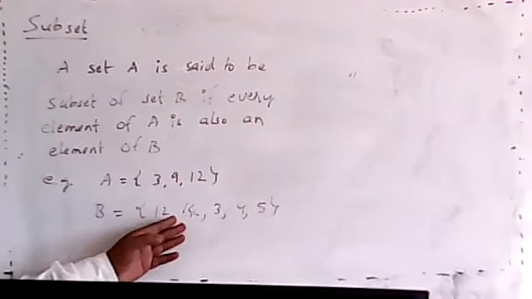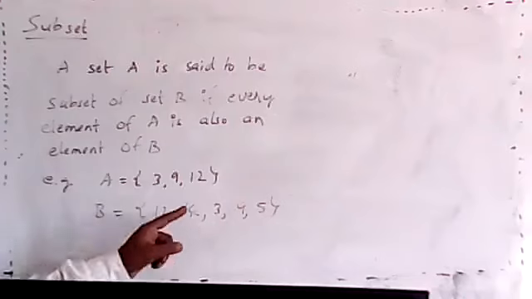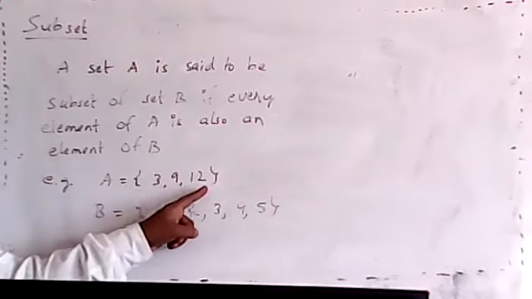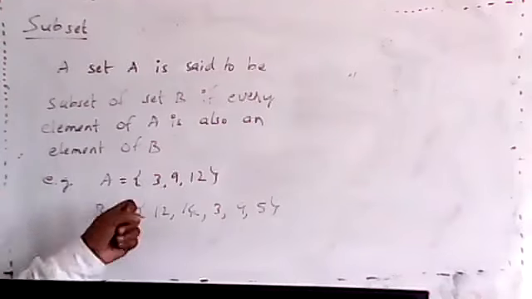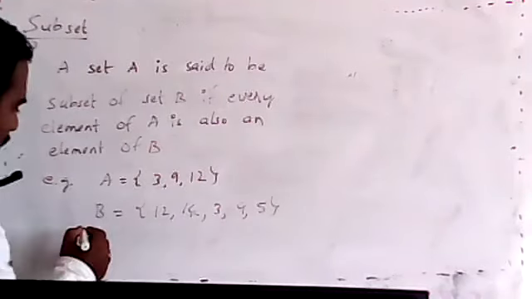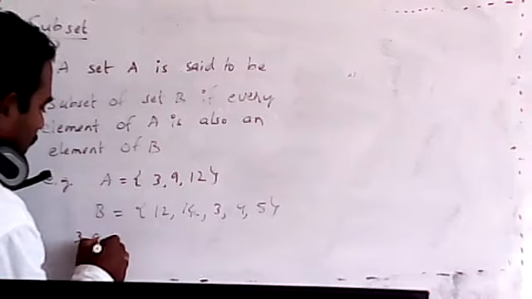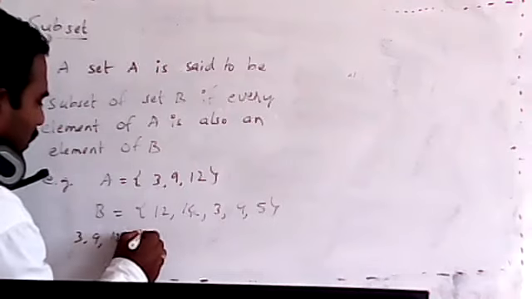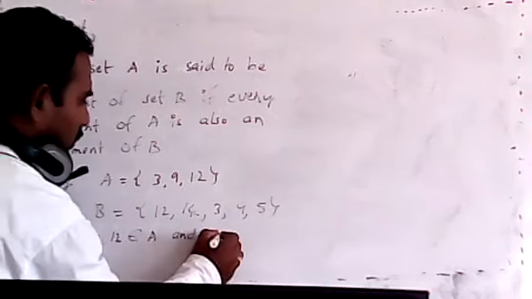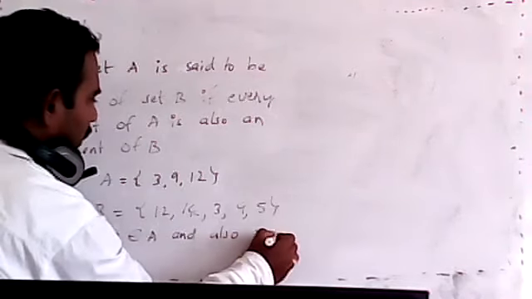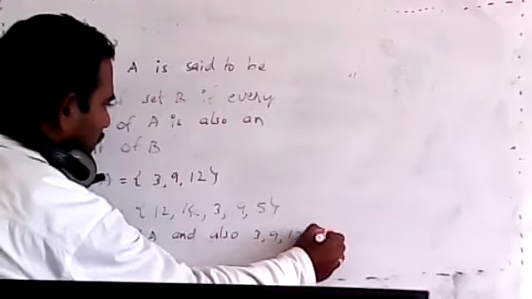Might be some other more are there in set B, but every element of A is present in the set B also. Therefore, here we call that 3, 9, 12 belongs to set A, and also 3, 9, 12 belongs to set B also.